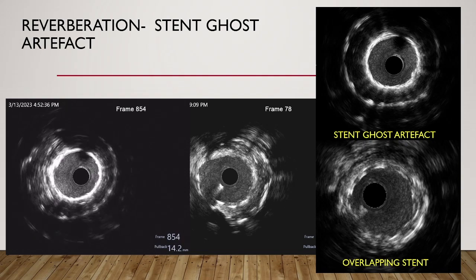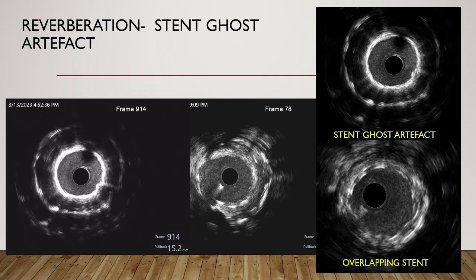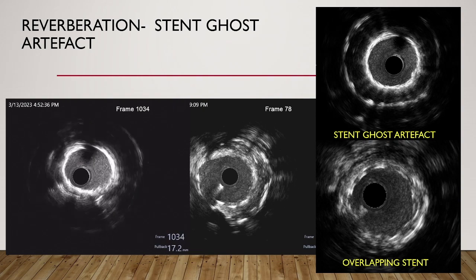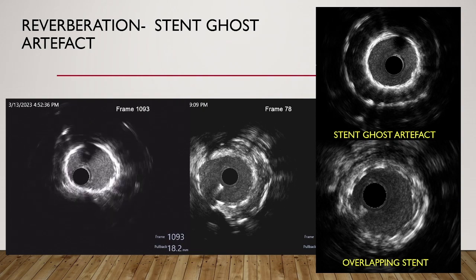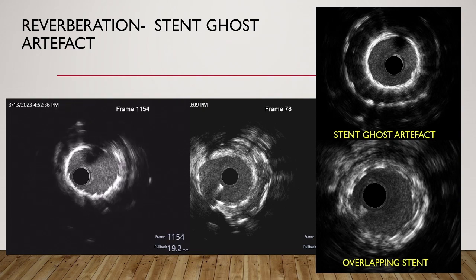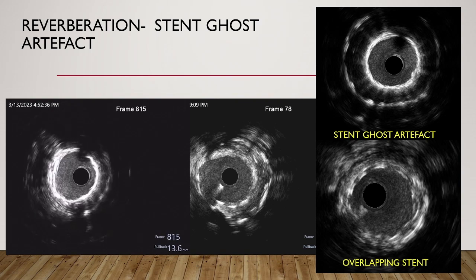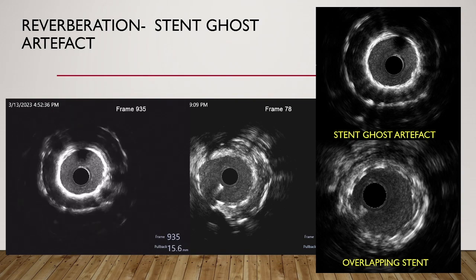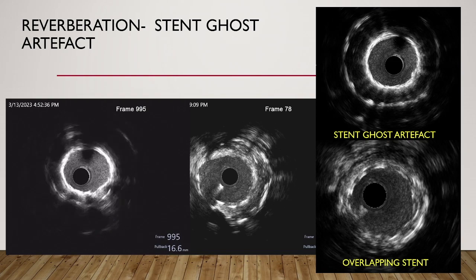And in stent also, you can see reverberation artifact, these are ghost stent images. The stent ultrasound is getting reflected, so that's why you are getting ghost stent artifact. These are not a stent over a stent or a two layer of stent. Never mistake that for a stent. These are ghost stent artifacts because of the reverberation effect.